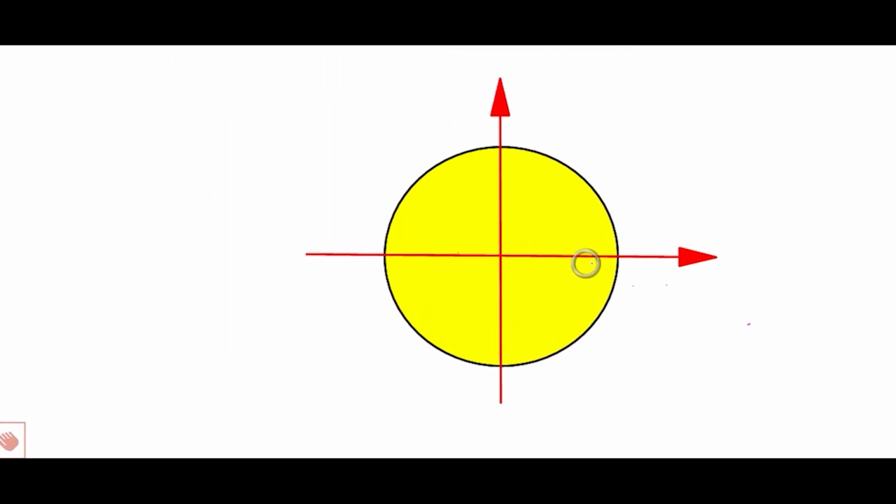So if we consider this line as our reference and start moving from here, this point becomes 90 degrees or pi over 2, and this point becomes 180 degrees or pi in radians, and this point becomes 270 degrees or 3 pi over 2, and at the beginning this point becomes 0 degrees or 360 degrees.